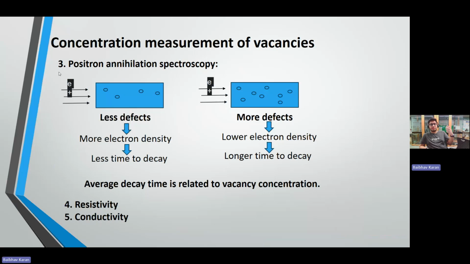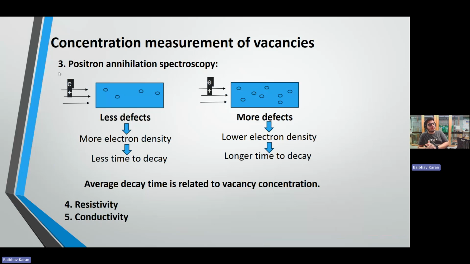So the positron bombarded onto a sample having fewer defects will be immediately annihilated or decayed, because the electron density is more. This gives you the indication that there is a small amount of defects, from the time of decay.